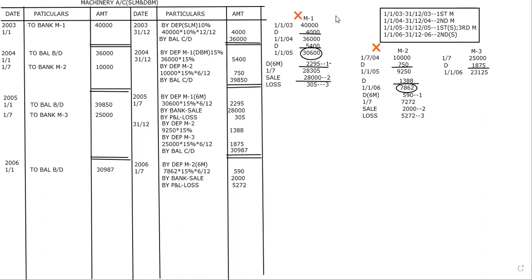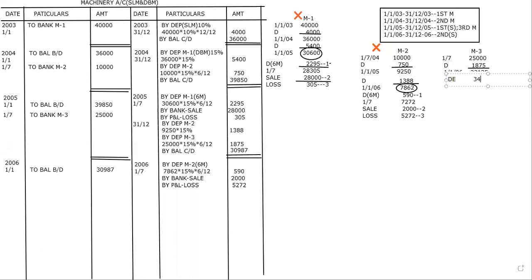But before closing, I'll check how many assets are there because I have to calculate depreciation. How many assets are left now? One. So I'm going to calculate depreciation on that one asset. How much percentage? 15%. So 23,125 into 15% gives how much? 3,469, ma'am.